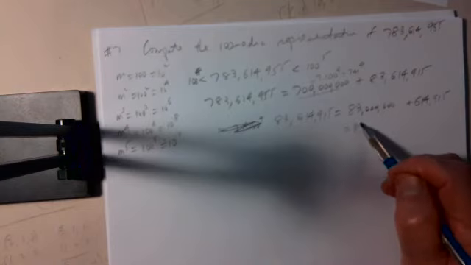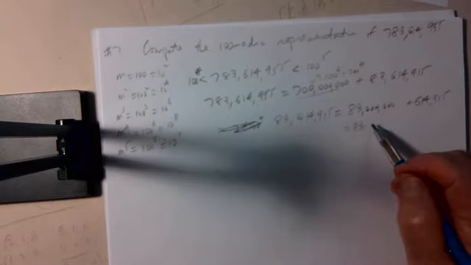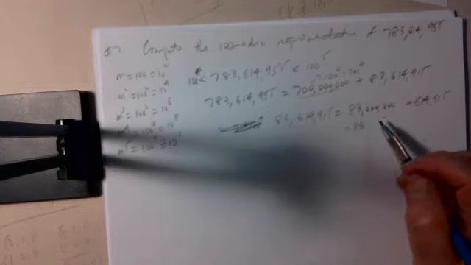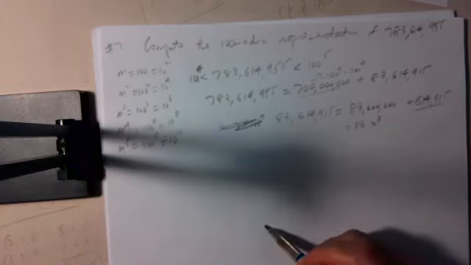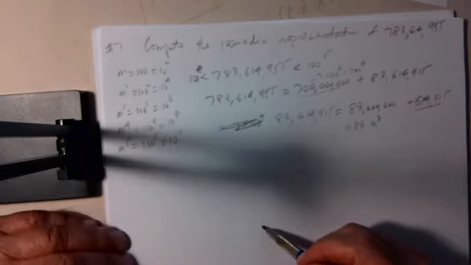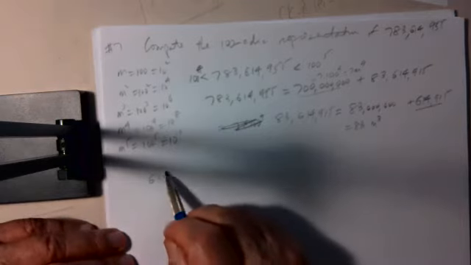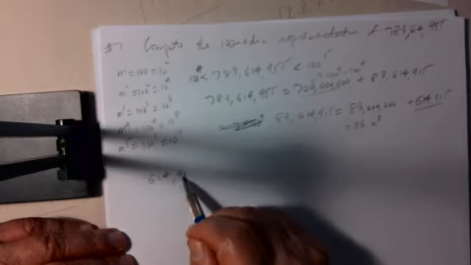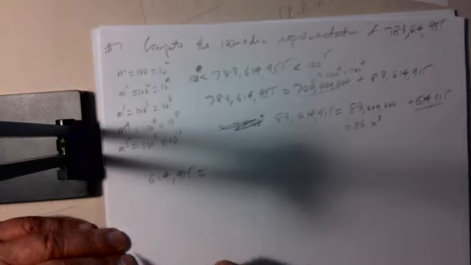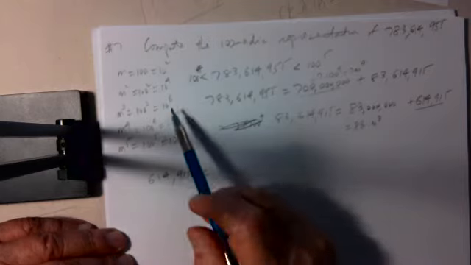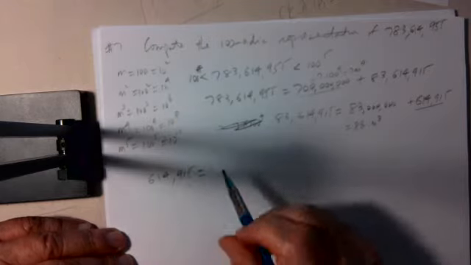So 83,614,915 is 83 million plus 614,915. 83 million is 83 times a million. A million is m cubed. Plus 614,915. This is less than a million, but bigger than 10,000.